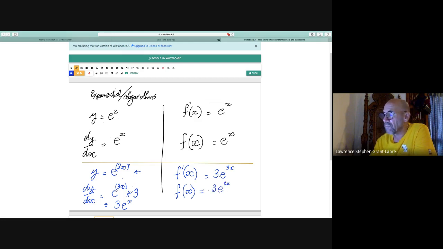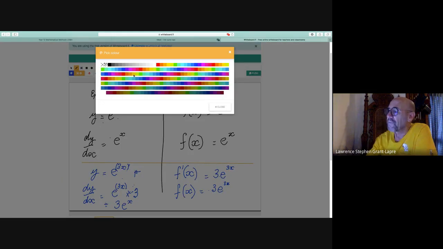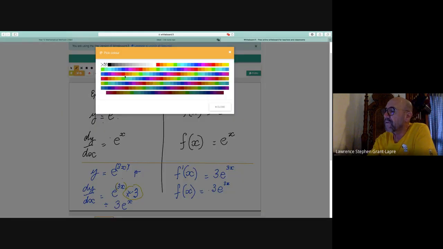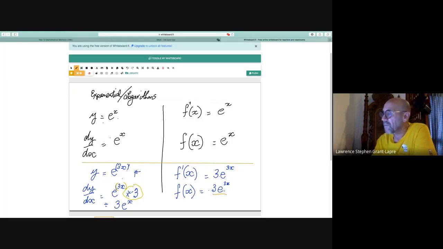And the second part is not multiply by the derivative of the bracket, but over here it's divided by the derivative of the bracket. Now the bracket is 3x, so divide by the derivative of 3x, which is 3. And we have to put some constant. We don't know what that constant will be. And so the answer is e to the power of 3x plus a constant.